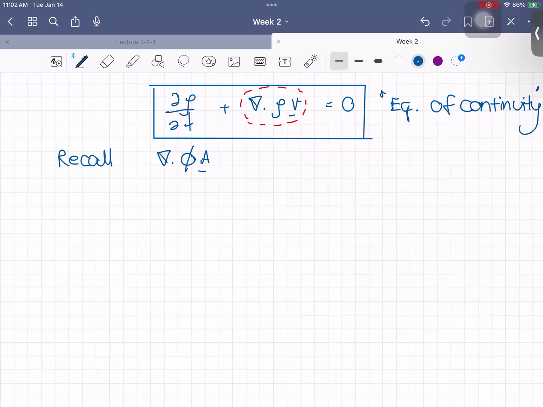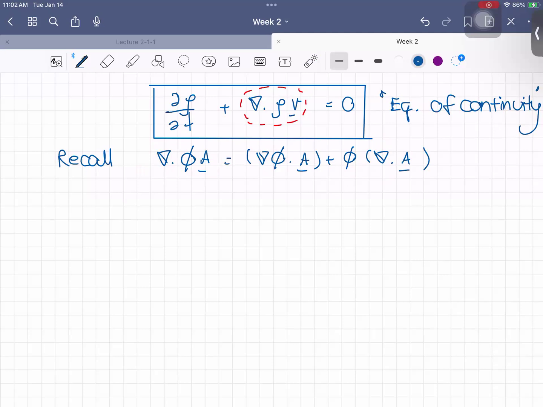If you still have your lecture notes from last week, this term is actually equal to ∇φ·A plus φ(∇·A). I haven't shown you this step yet, but please review it yourself, okay? We already went through these three terms last time.